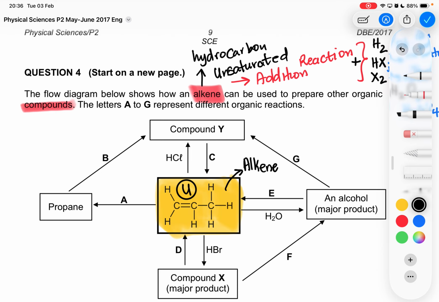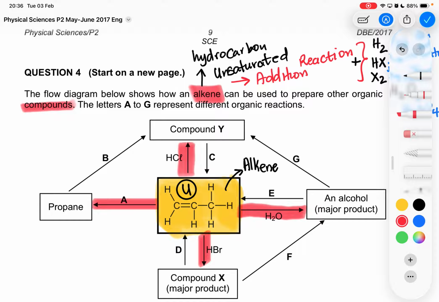Let me highlight those arrows in red. This arrow here is going out, this arrow, this arrow, and this arrow here is going out. So you see, there are 4 of them going out.